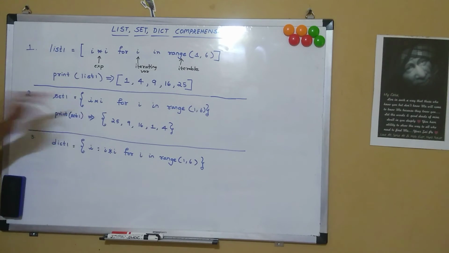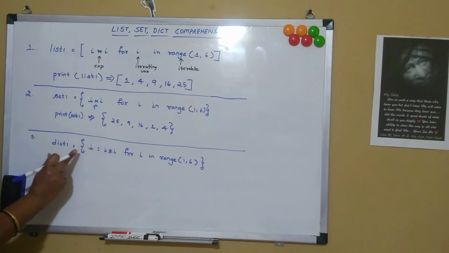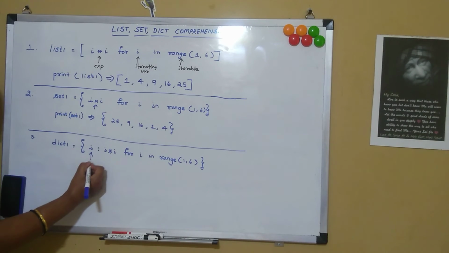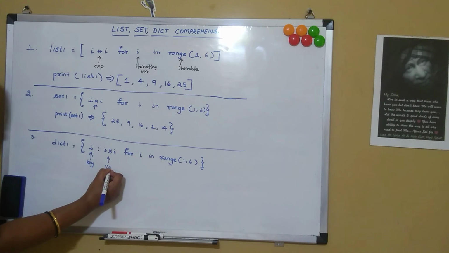For a set, it was only a single expression, that is i into i. For a dictionary, in the curly braces, we give two expressions. This one is for the key and this expression is for the value.